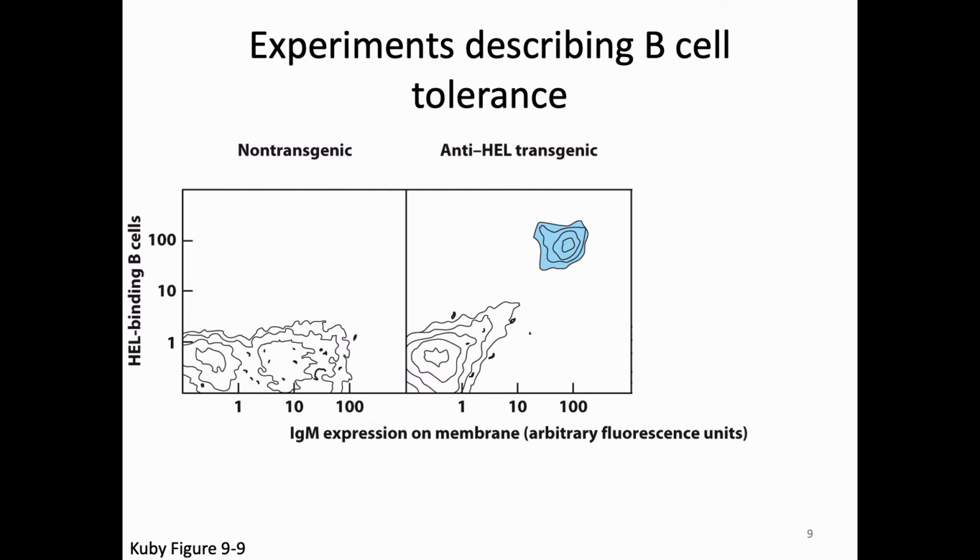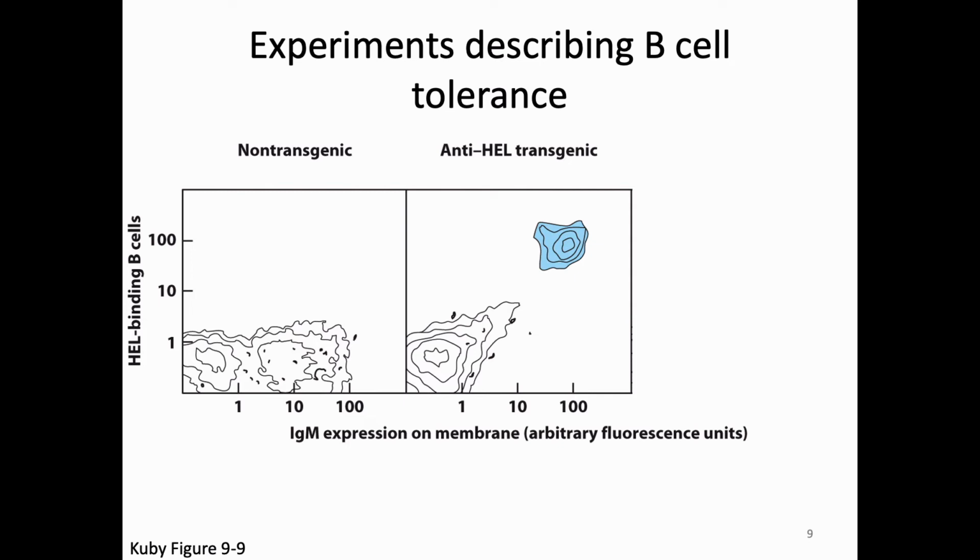So they actually, I'm going to show you the data from the paper, and I'm going to show it to you in two different plots. And we're going to predict what we would see with deletion.